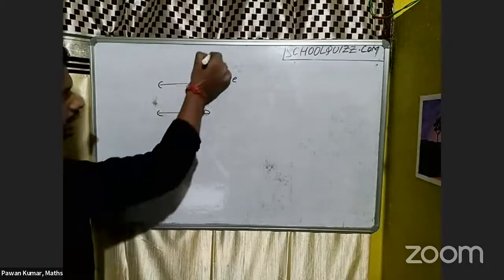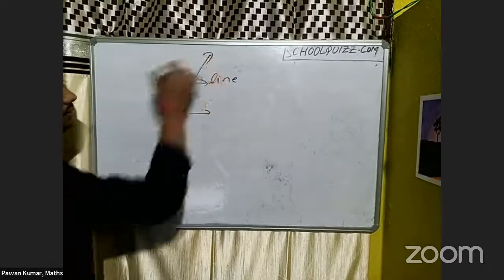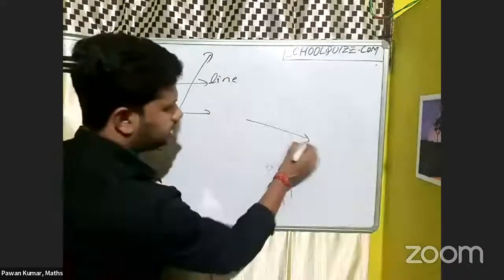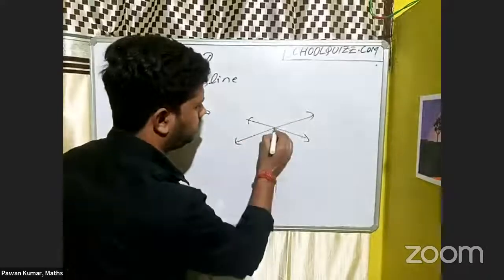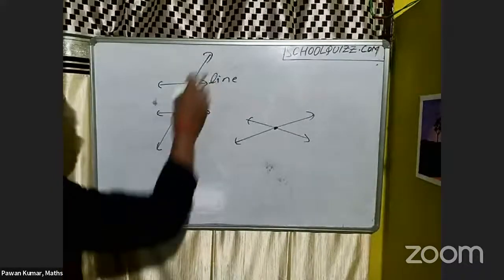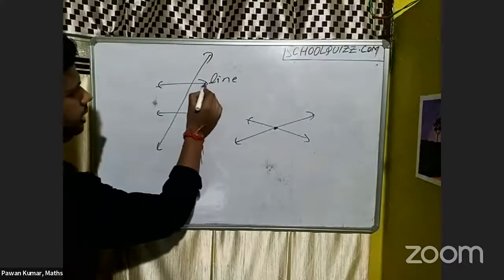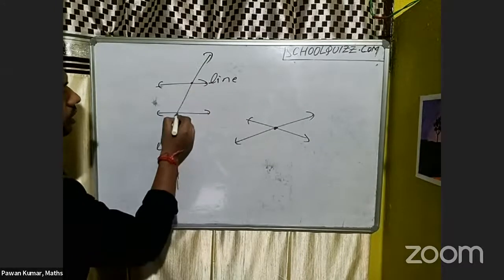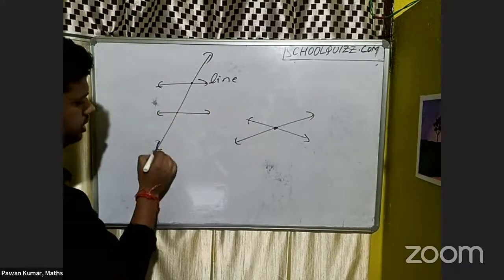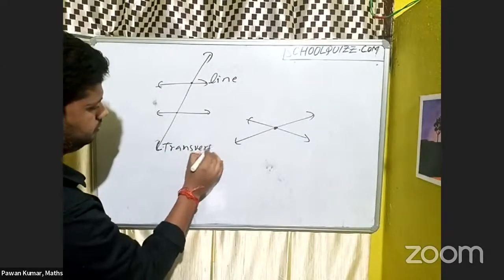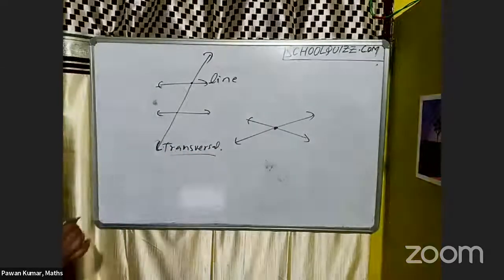If some other line is intersecting both the lines, if one line is intersecting the other line, we say they intersect. If they intersect at a particular point, that is the intercept point. These are called a transversal.